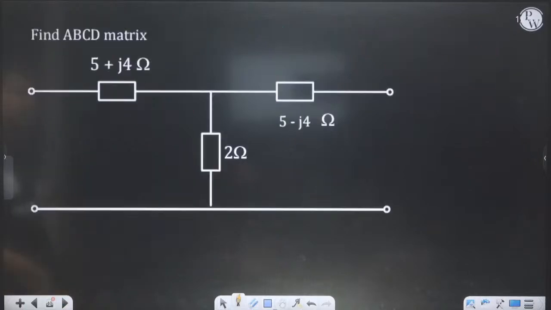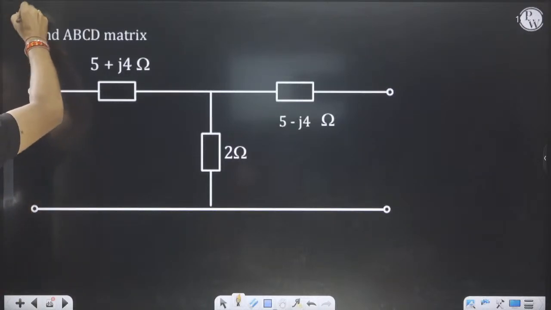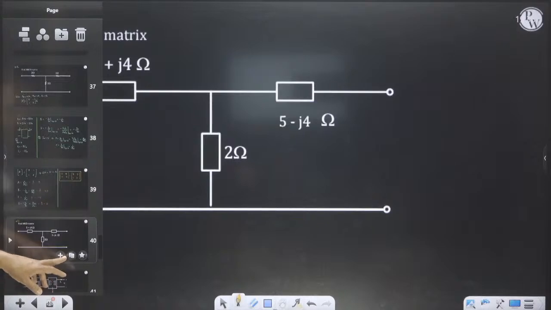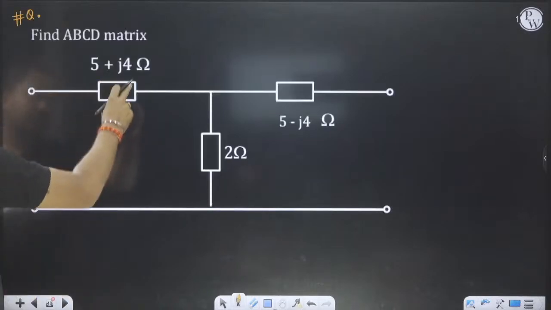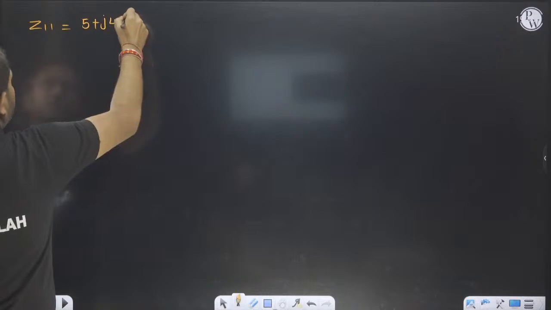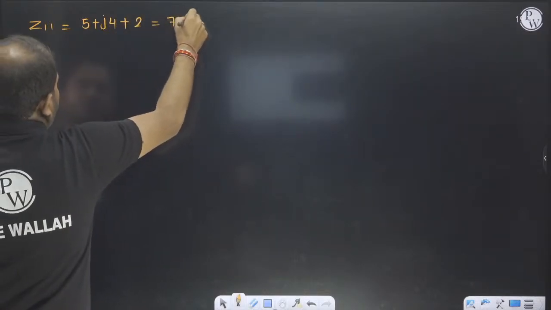Then again, there is a question like this. This question was asked in the GATE exam, a PYQ question. First of all, go through which parameter? Z parameter. Z11 will be ZA plus ZB, so 5 plus j4 plus 2, that is 7 plus j4.